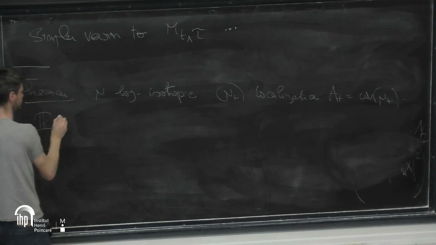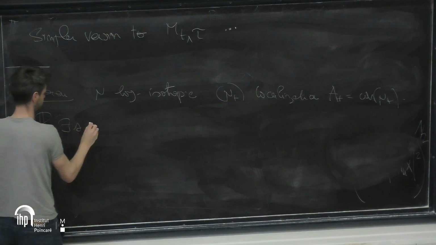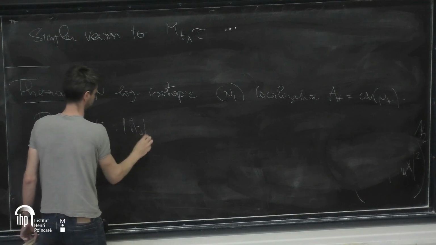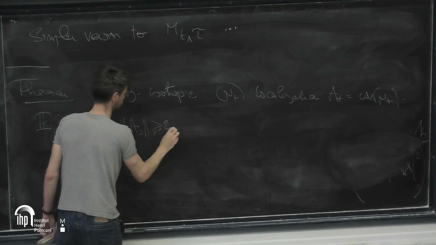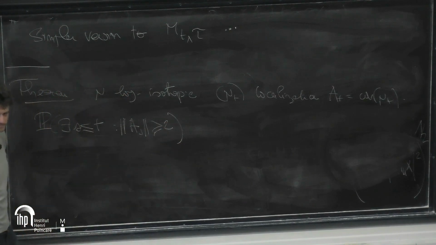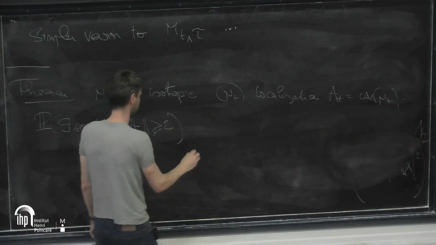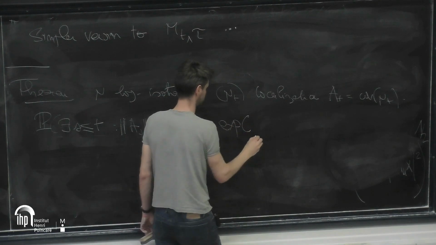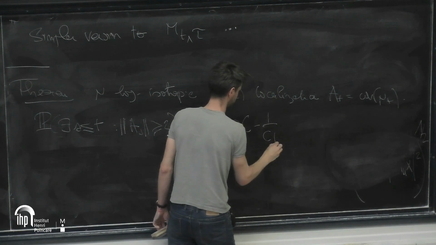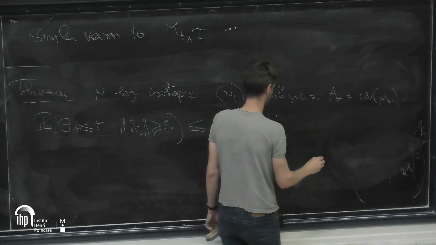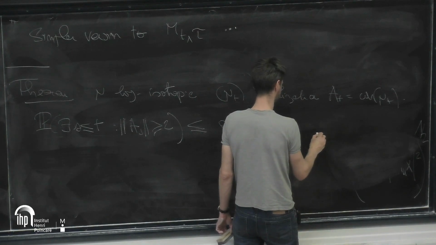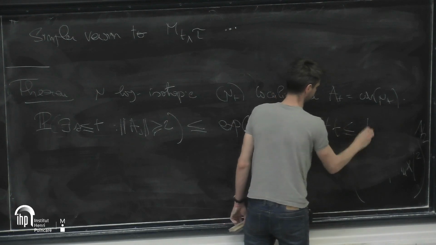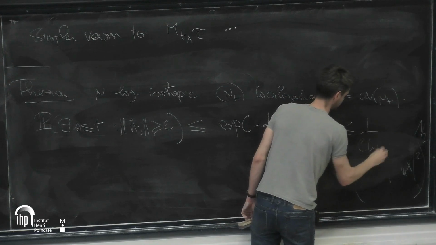The probability that there exists S less than T such that the norm of AS is larger than 2, say, is less or equal than exp of minus 1 over C T. And this is true provided T is less than 1 over C log n square.